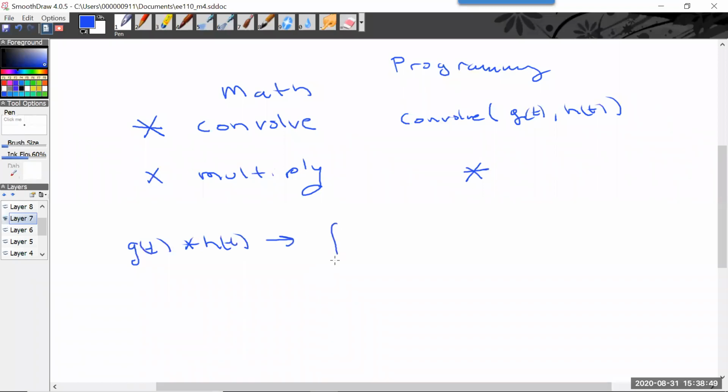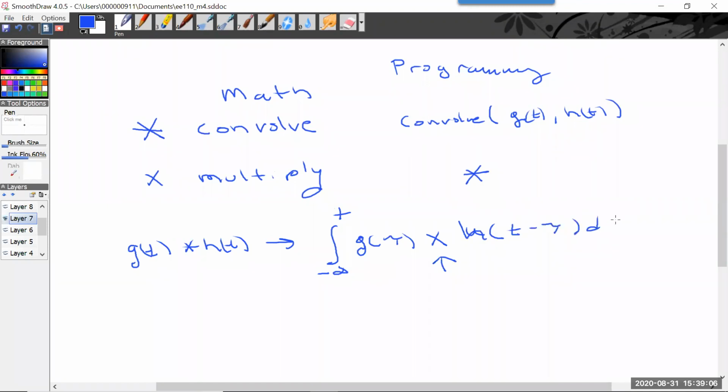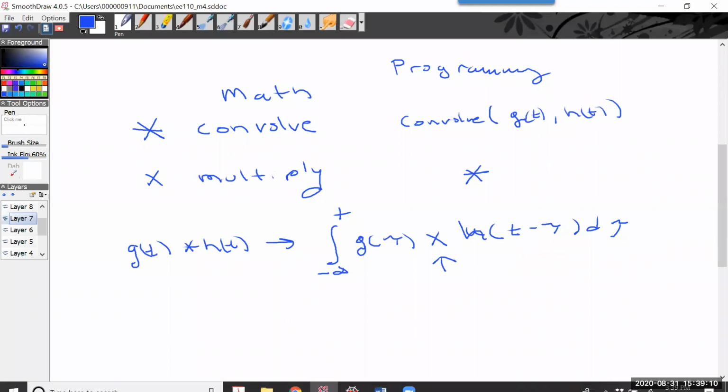When we put that into the convolution integral, we have g of tau. And now we're back to the multiply symbol.